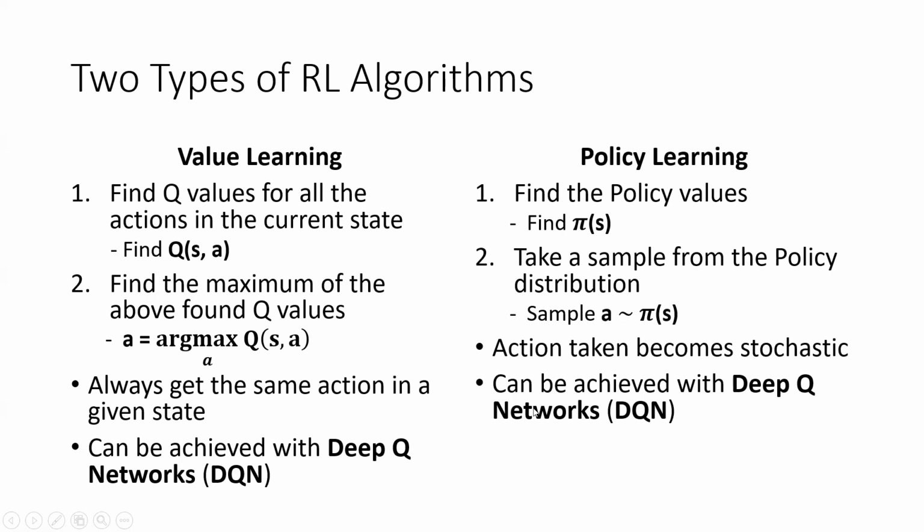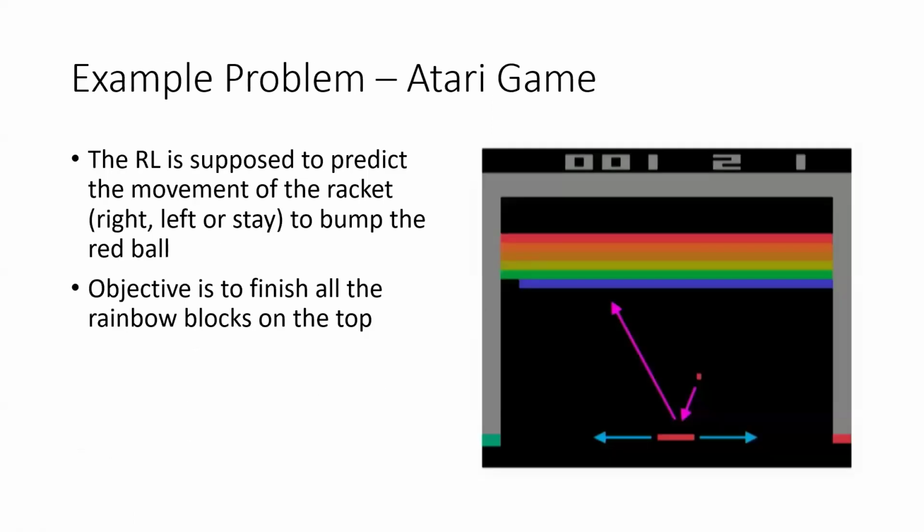Most probably you would get the highest Q value related action, but with some probability you would get other actions as well. And you can see that both value learning and policy learning can be achieved with deep Q networks. Those are deep learning neural networks, and you can use deep learning networks for both purposes.